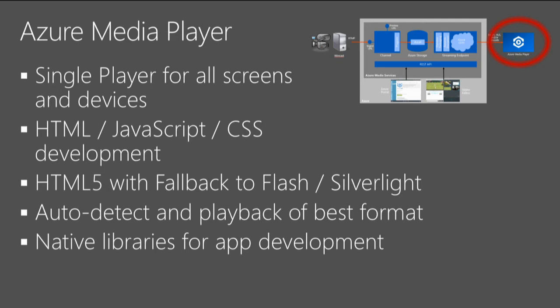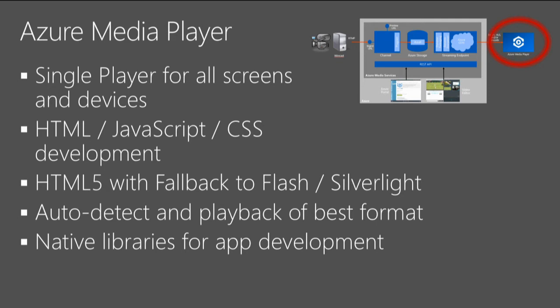So no plugins needed, no Flash, no Silverlight, anything like that. But if you're running, say, within a Firefox browser, which does not yet support MSE, it will detect that and will instantiate a Flash player and then will consume smooth streaming.